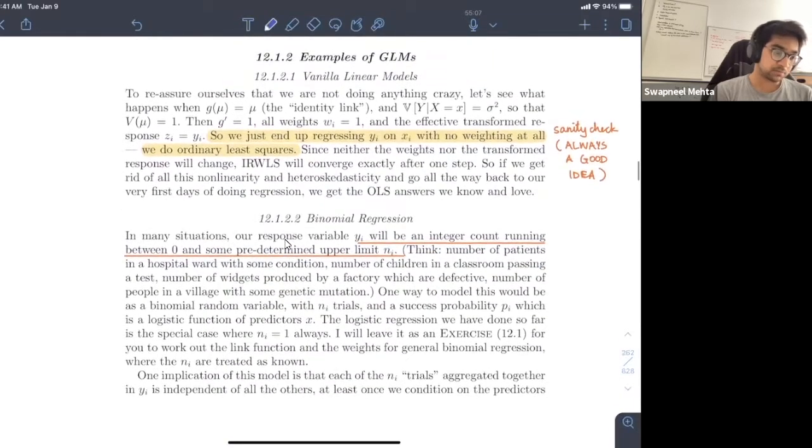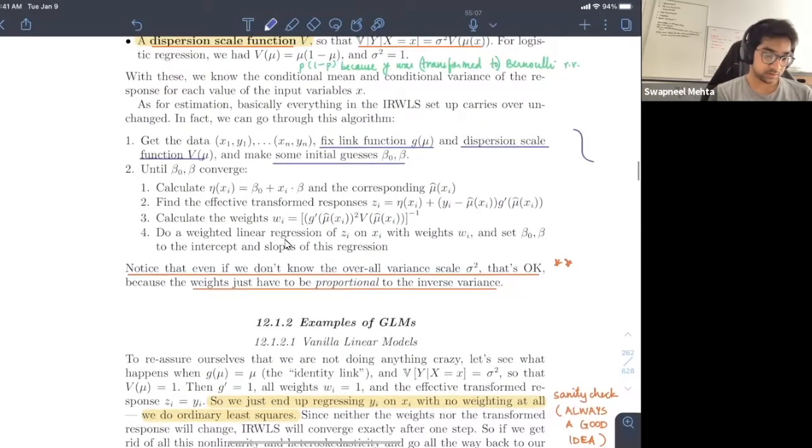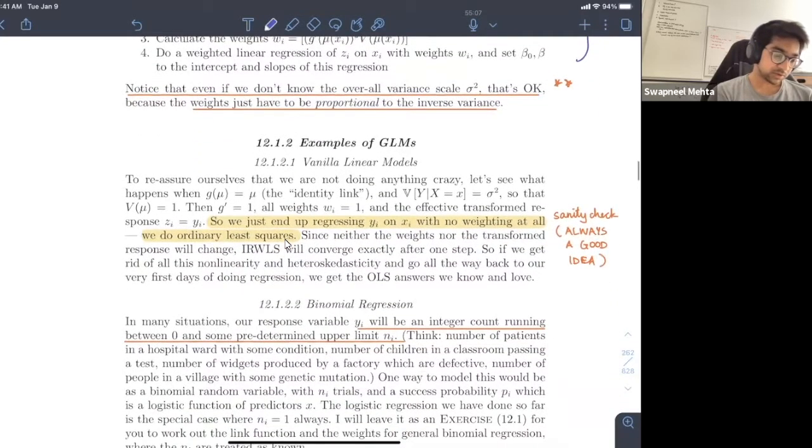A nice sanity check for this whole procedure is to say, okay, but does this hold in the case of logistic regression? And it turns out if you assume your noise variance is sigma square, if you assume your link function is just the identity function, then you end up with g dash equal to 1. That's fair.